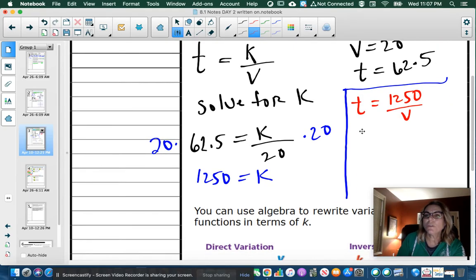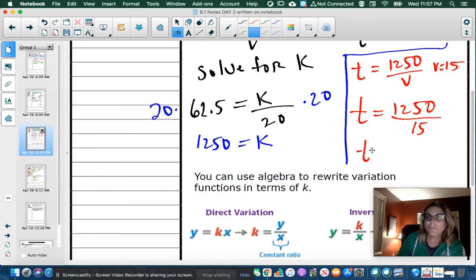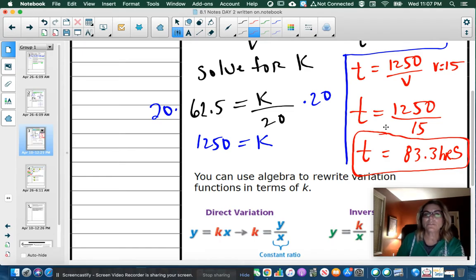So I'm solving for t. I know that v is going to equal 15, so I plug that in, and 1250 divided by 15 is 83.3 hours. And that is my answer.